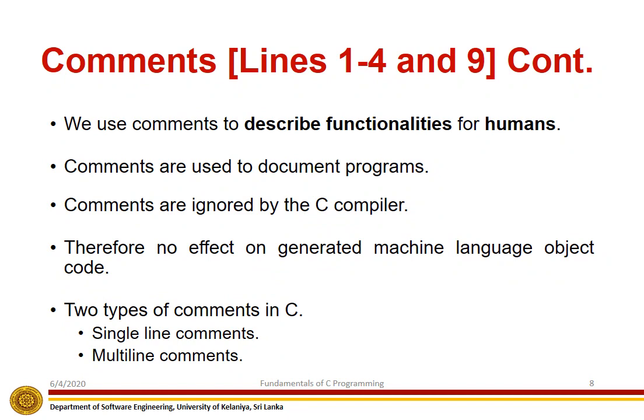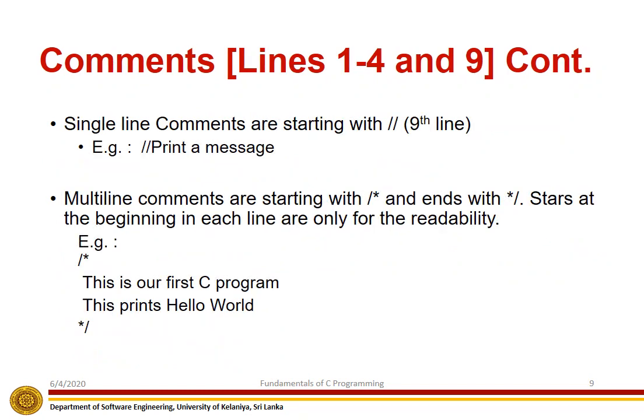And then there are two types of comments, as I mentioned earlier, single line and multi-line. Single line comments start with double forward slashes, as in the ninth line, print a message. When the compiler reads two forward slashes, it knows that is a comment and will ignore that line.